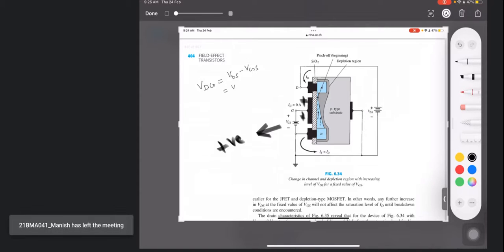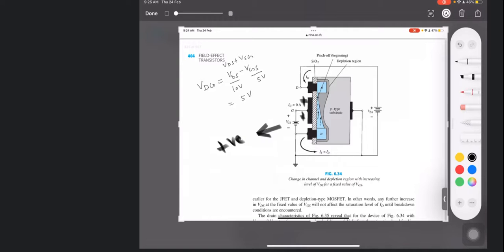Okay, or VDS plus VSG, VSG ऐसे भी लिख सकते हैं. So this voltage and this voltage. Suppose I am applying this 10 and I am applying this 5. So net, that means VD minus VG.